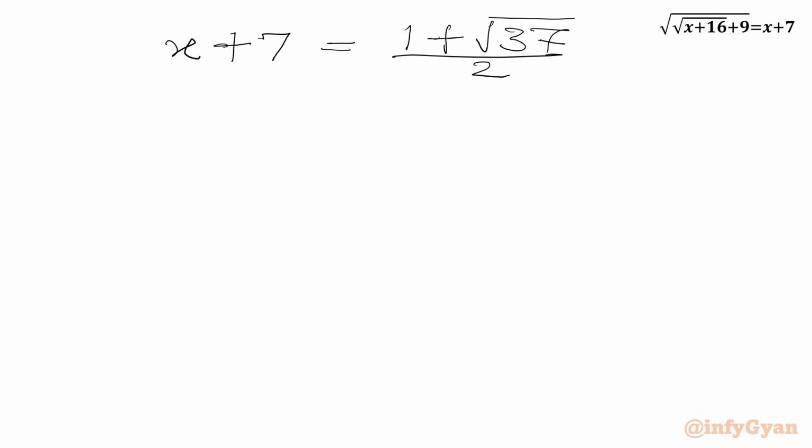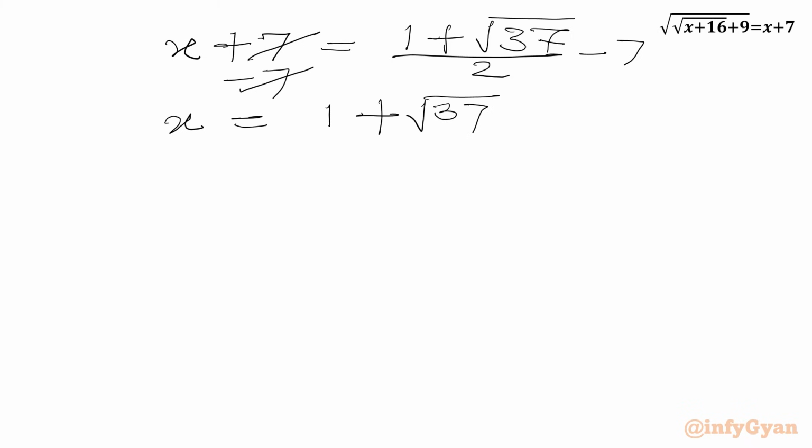Now we will subtract 7 from both the sides. So plus and minus 7 will be cancelled out. We will get x equal to 1 plus square root 37 over 2, and 7 we can write as 14 over 2.